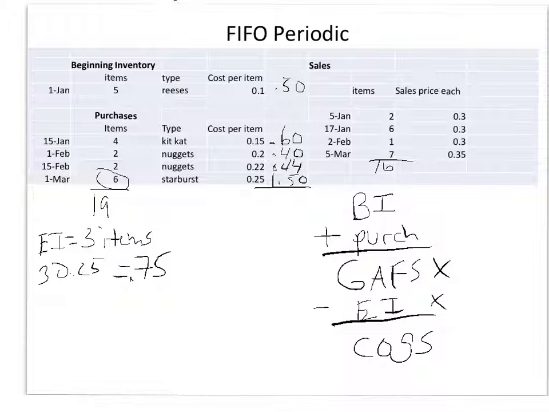So total goods available for sale was $3.44.